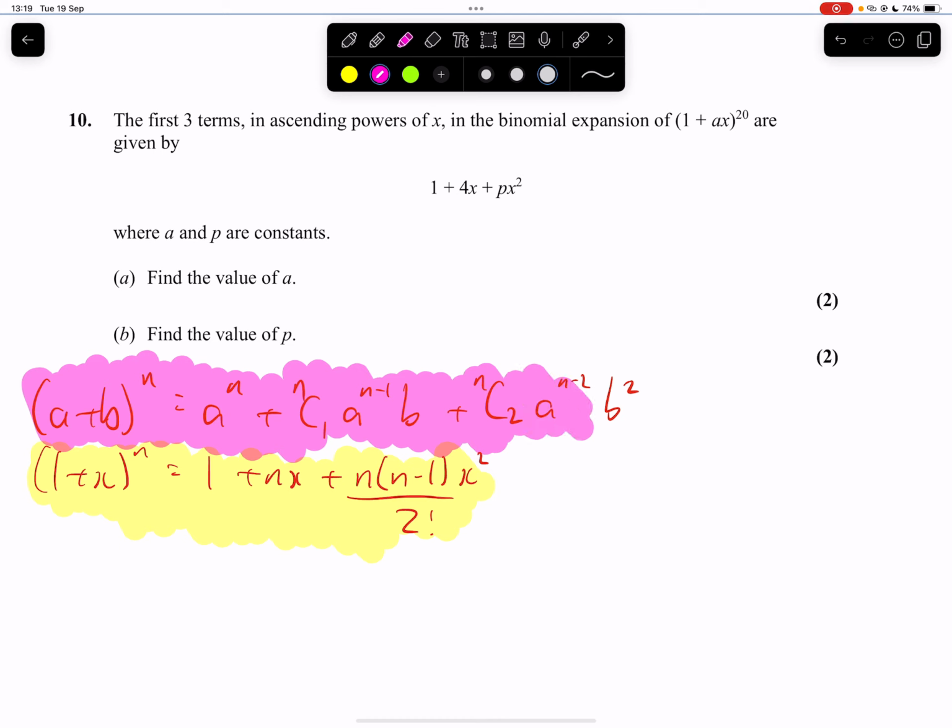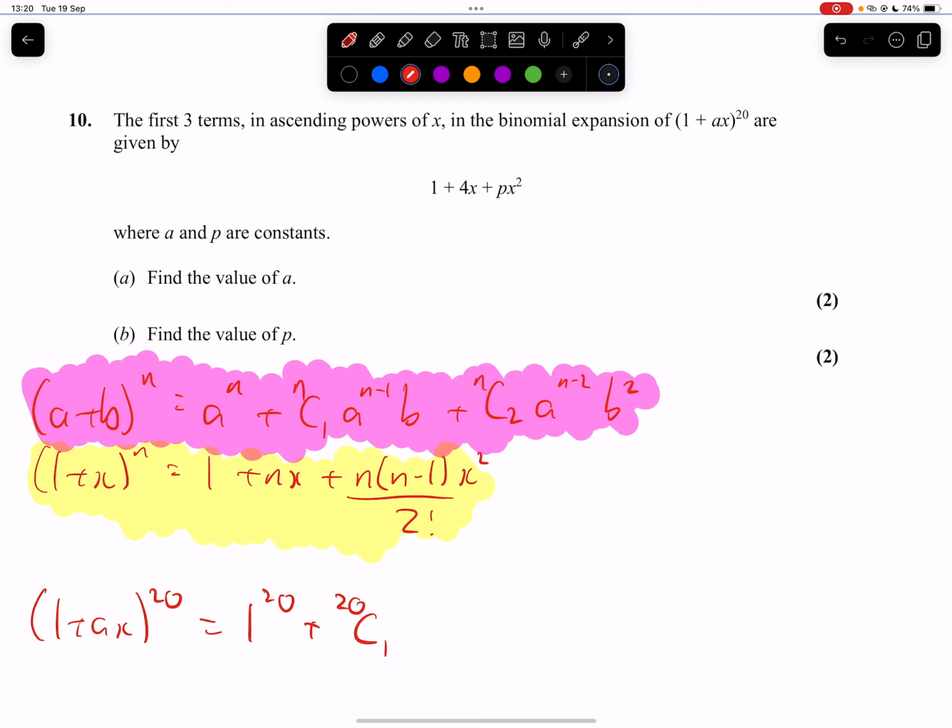So I'm going to start off by expanding (1 plus ax) to the 20, and that will give us 1 to the 20 plus 20 choose 1, 1 to the 19 times ax, and then 20 choose 2, 1 to the 18 times (ax) squared.